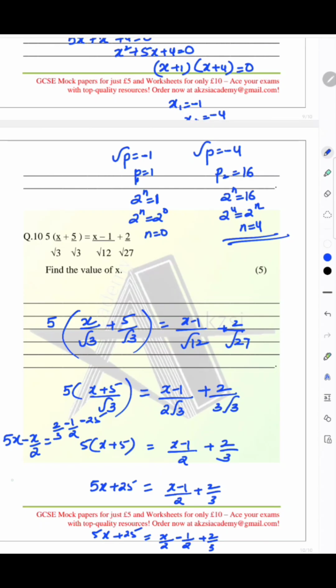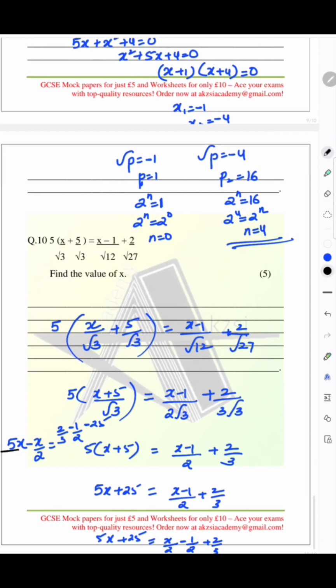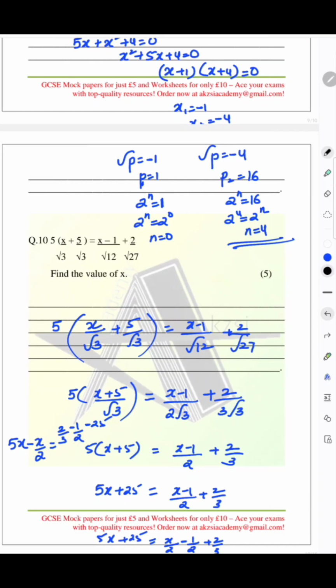On simplifying, because we have to make the denominator the same, I'll multiply and divide by 2. So this will become 10x minus x over 2, which is 9x by 2. And this is 2 over 3 minus half minus 25. I have to take the LCM, which is 6.